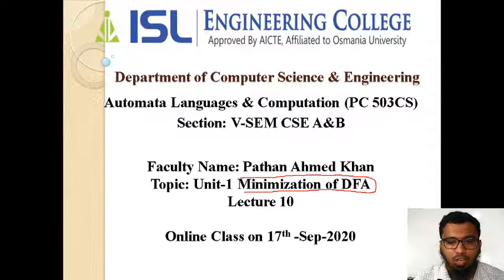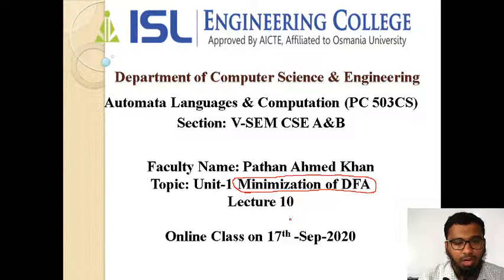Today's topic is minimization of DFA. What did we do in the last class? In the last class we did conversion from NDFA to DFA, example number 4. Now today we are going to see the minimization of DFA.